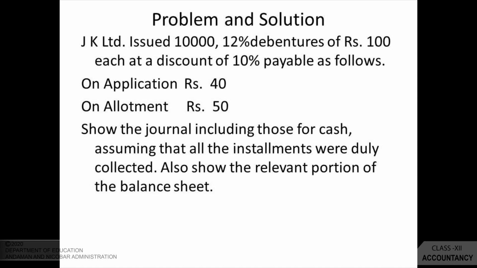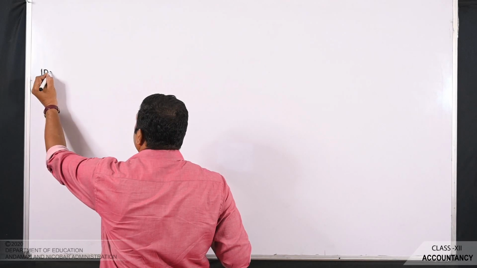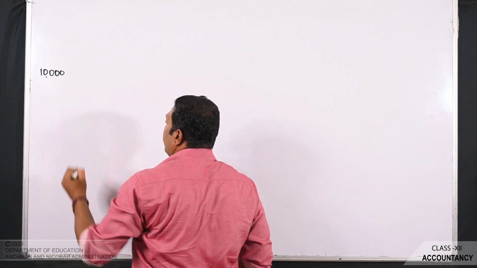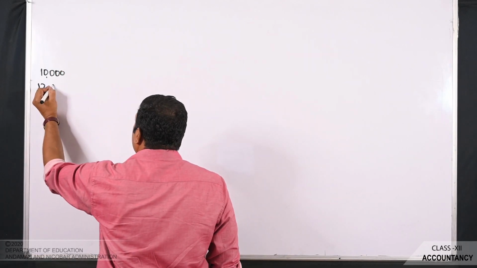So we have to show the information into the balance sheet also, right? So what is given in the question? The company issued 10,000 debentures. So the information is 10,000 debentures were issued, and what is the rate?